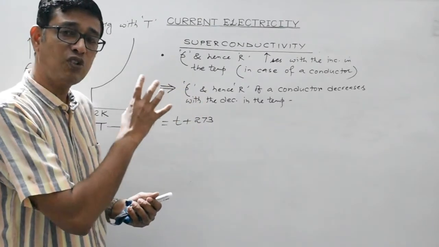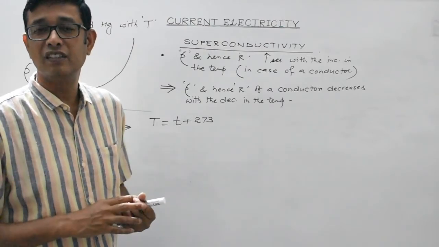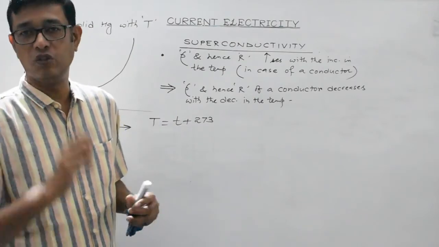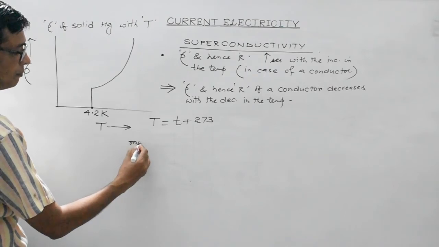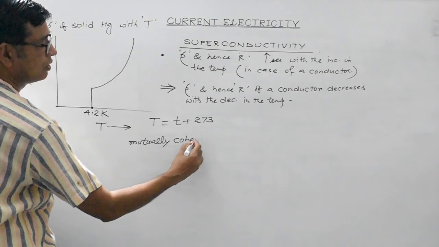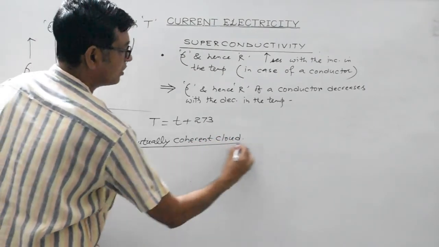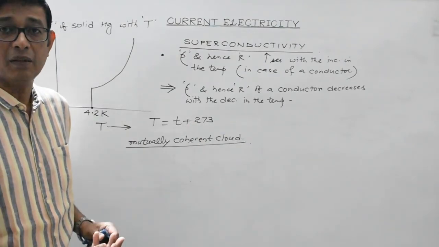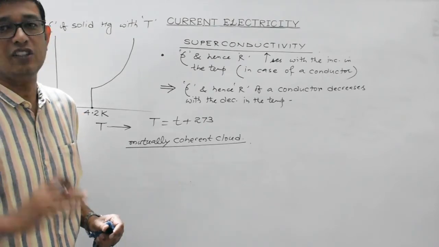Actually, at such low temperature, the electrons move inside the conductor in the form of a mutually coherent cloud. So as a result, the resistivity or the resistance offered by the superconductor at such low temperature is almost zero.